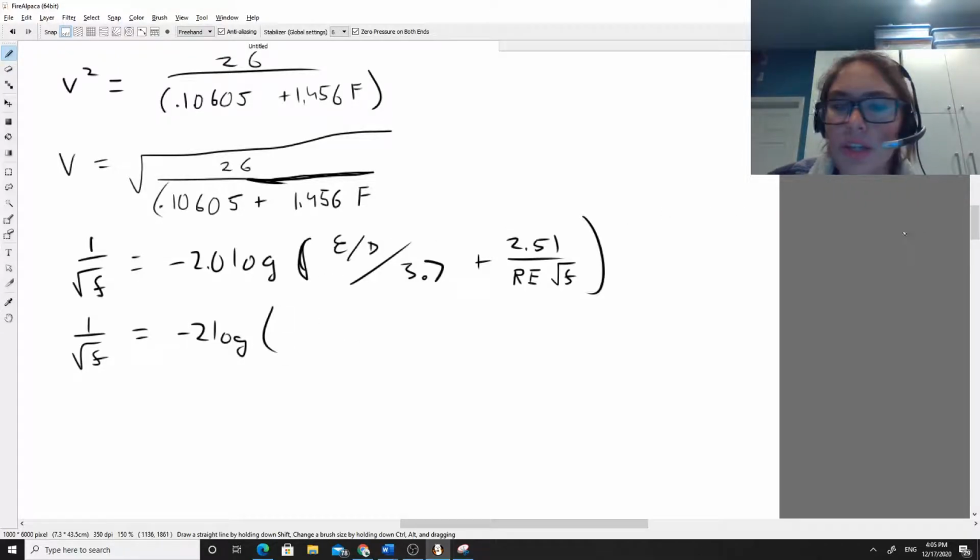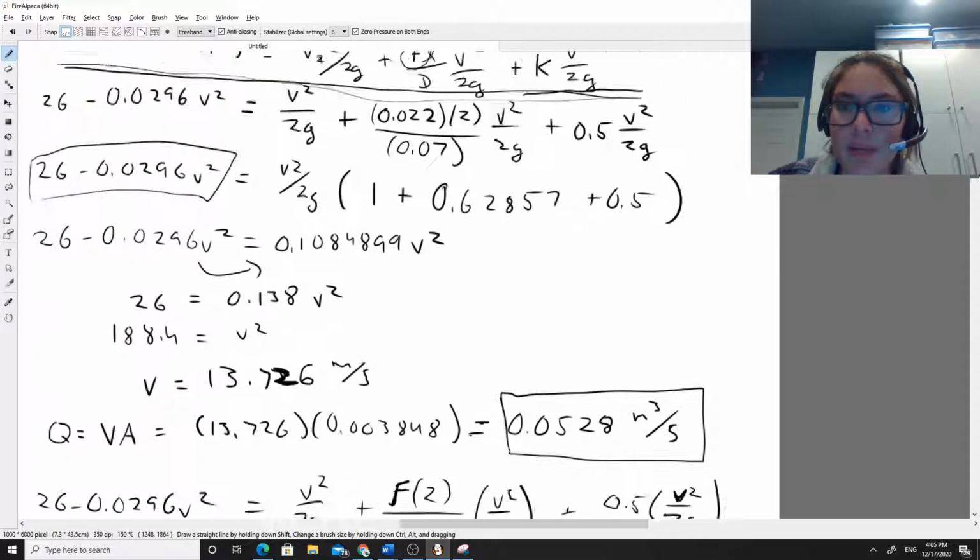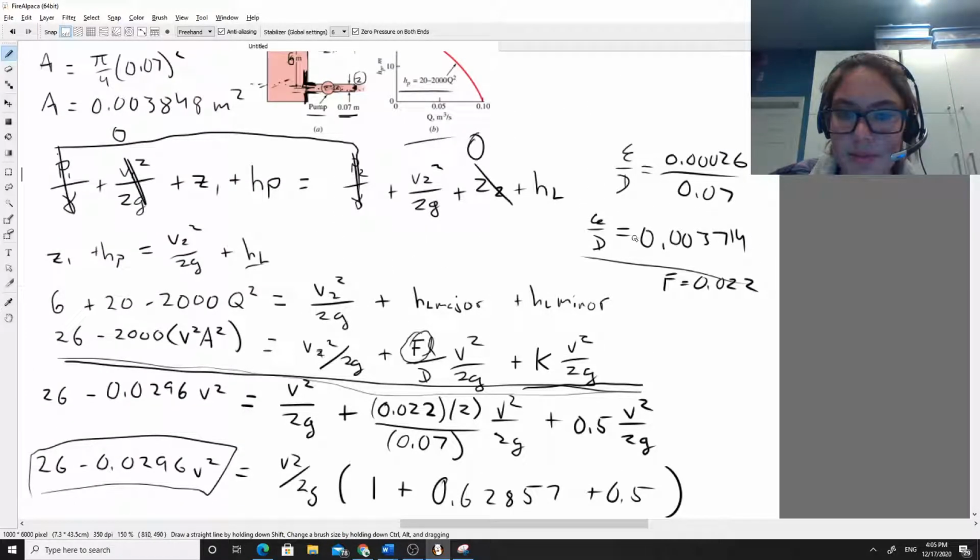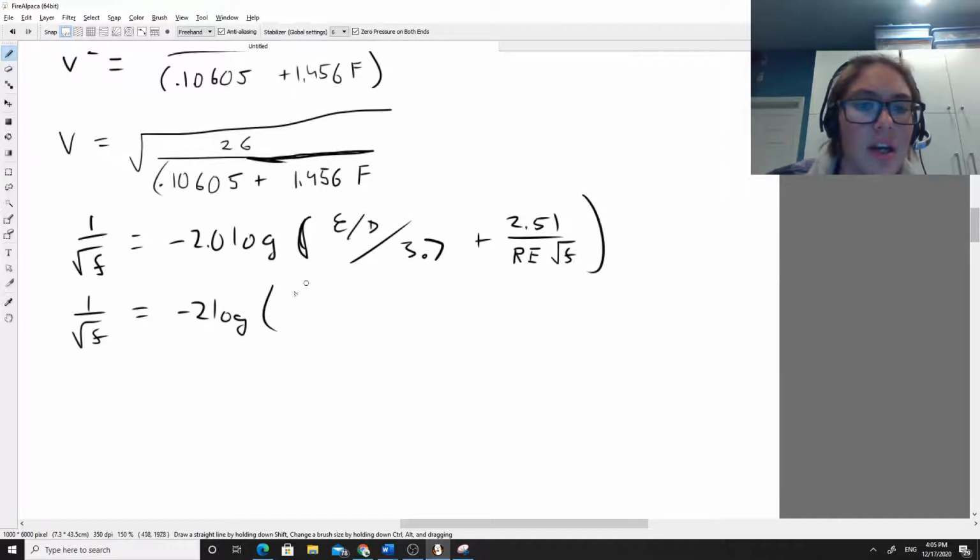We already know what E over D is. We already solved for that, remember? Because it's just the roughness of the cast iron divided by the diameter of the pipe. It's just going to be equal to 0.003714.